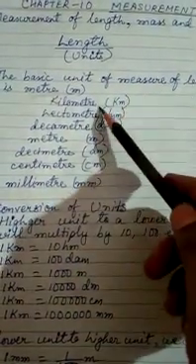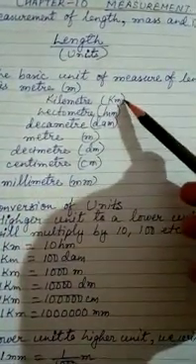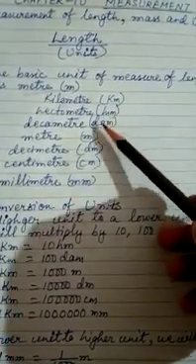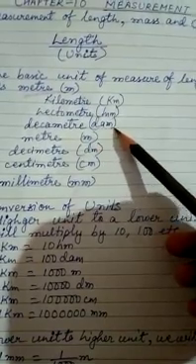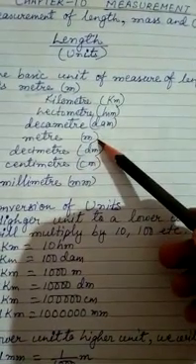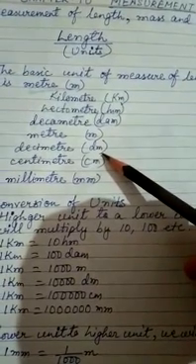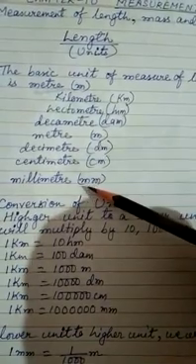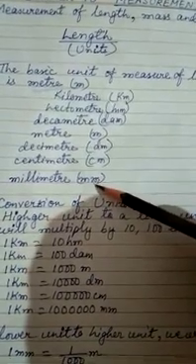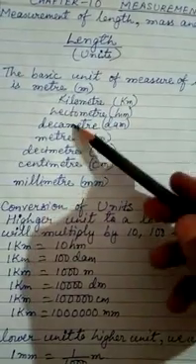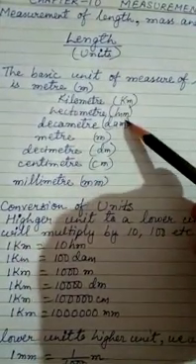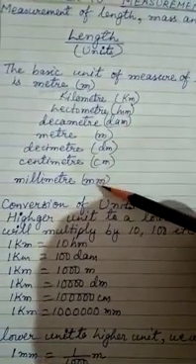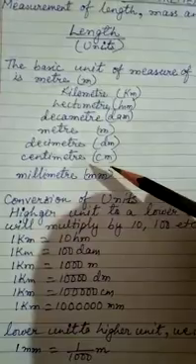We can write these units in short form as well, like kilometer as km, hectometer as hm, decameter as dam, meter as m, decimeter as dm, centimeter as cm and millimeter as mm. So we can write these in either form, but mostly we write these in short form.